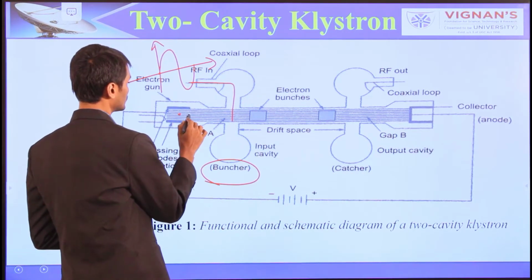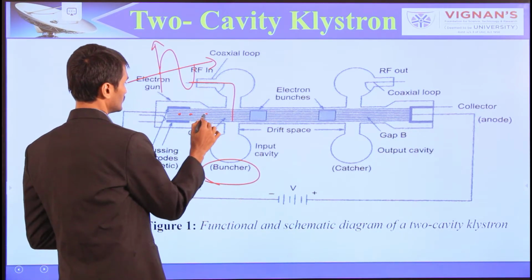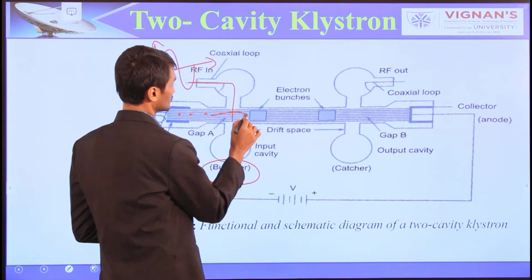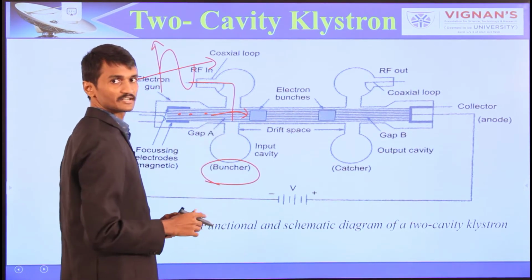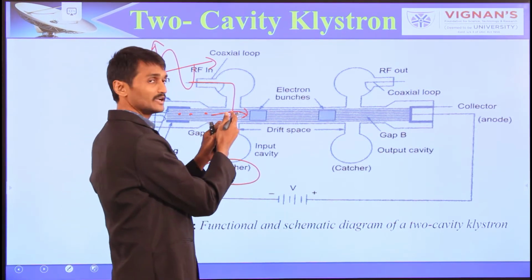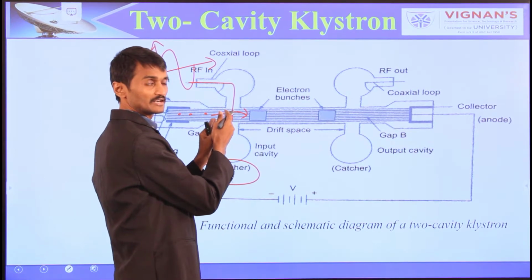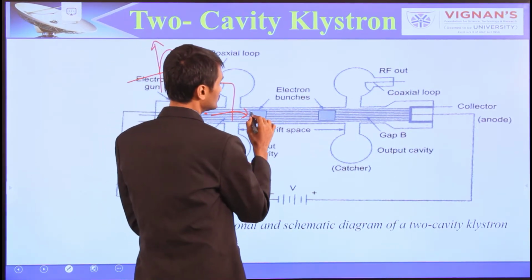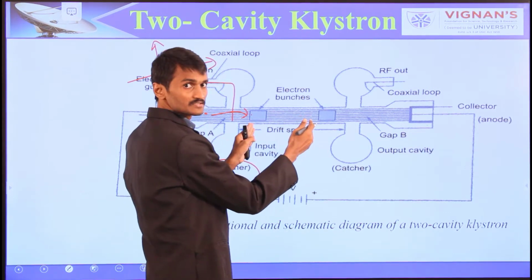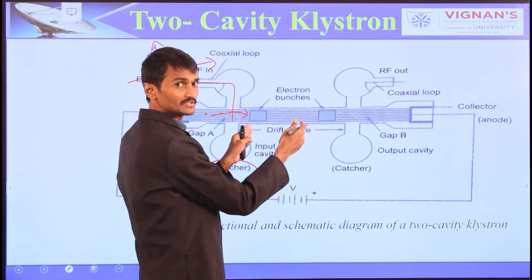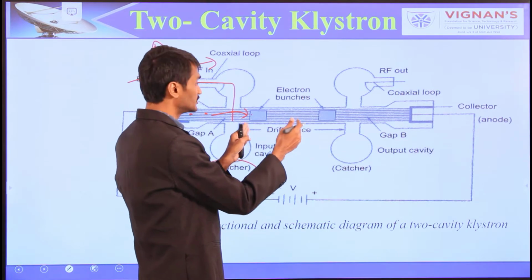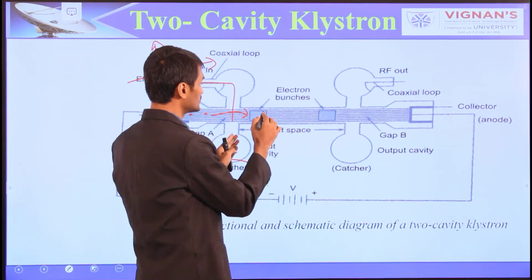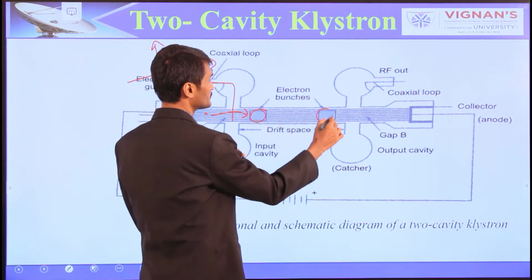Electrons generated by the electron gun pass through the buncher cavity, where the velocity modulation of these electrons takes place, and they travel into the drift space. In the drift space no field is present, so it is called field free drift space, so that the electron bunches will be formed here.